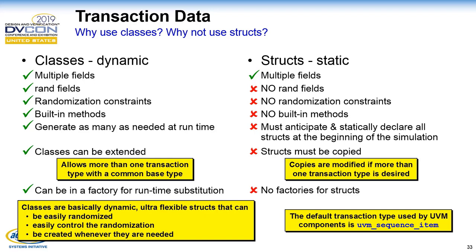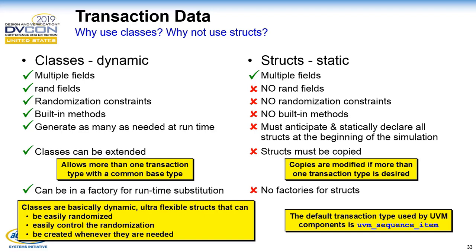Classes have built-in methods, such things as copy, compare, print-my-contents type methods that come right along with the class. No built-in methods for a struct. With classes, you can generate as many as you need at runtime as you're running the simulation. With structs, you're going to have to figure out how many you're going to use, and make sure that they're all declared and in place to use. Classes can be extended, so it's very easy to create extensions and hierarchies of classes.